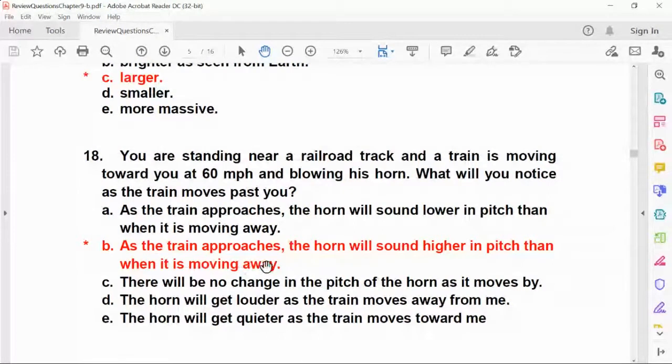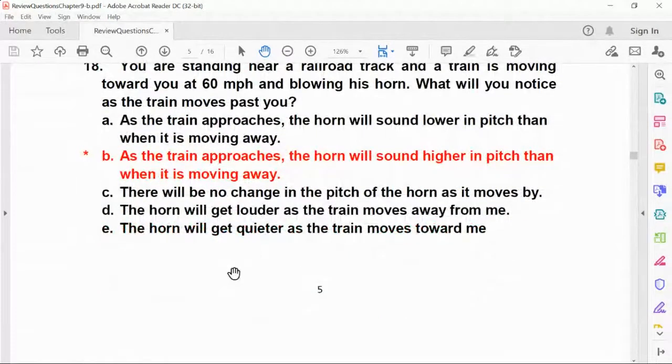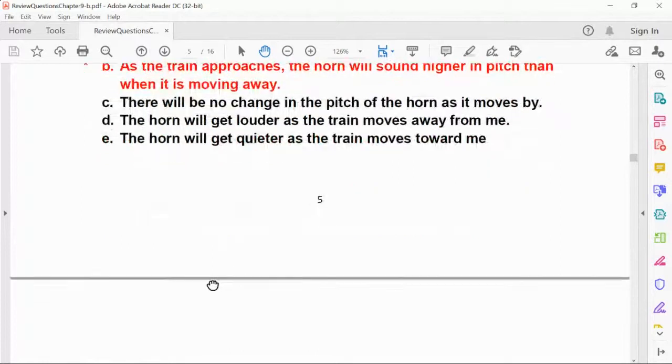So as the train approaches, the horn will sound higher in pitch than when it's moving away. And you know that's because when it's approaching, wavelengths are shifting toward lower wavelengths. We call it the blue shift in the case of light, and red shift when they're moving away, and that of course affects the frequency, and the frequency will affect the pitch.